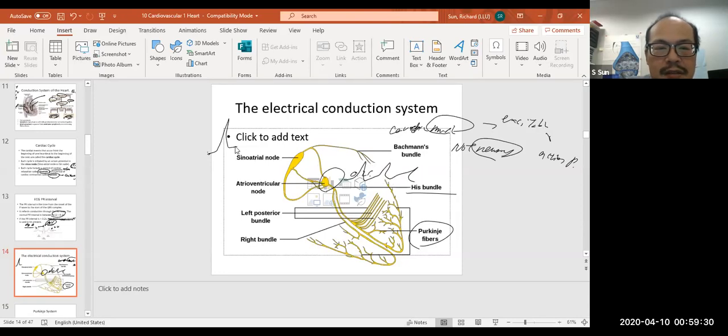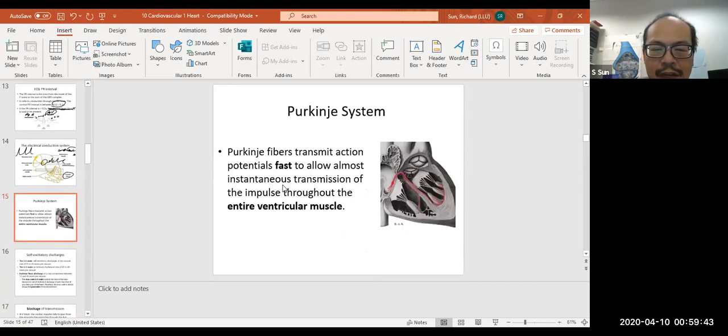So that's the electric conduction system. Purkinje fibers are the ones that travel into the left and right ventricle.